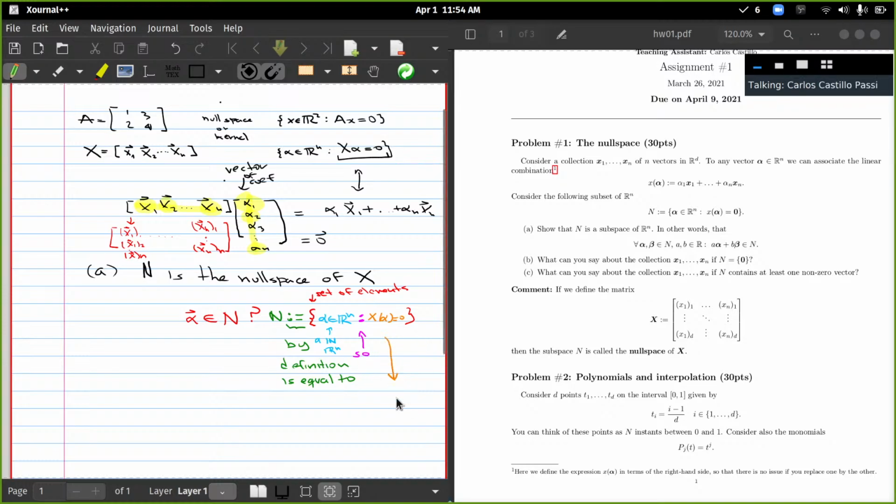That is the same as saying, by definition, that alpha 1 x1 plus ... plus alpha n xn equals 0.